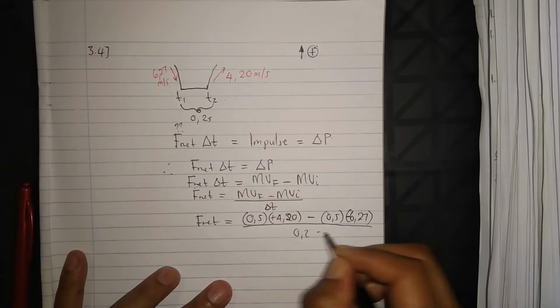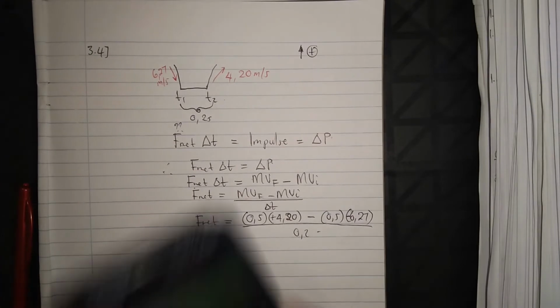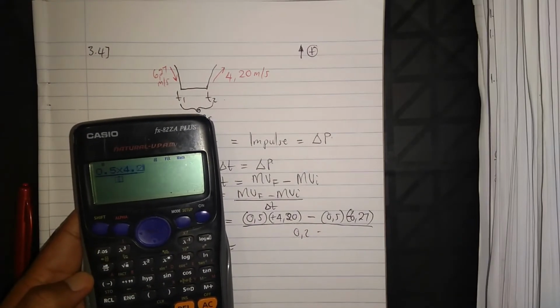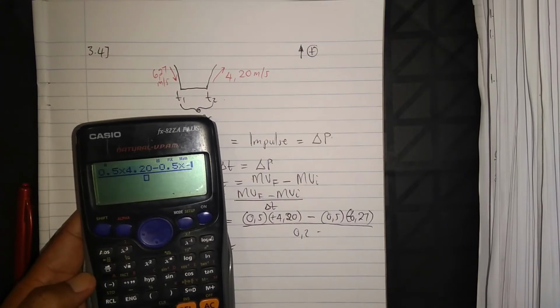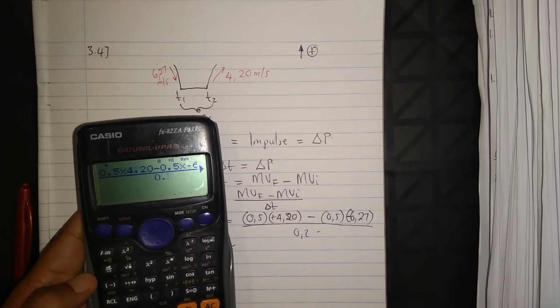Time is 0.2. F net is equal to 0.5 times 4.20 minus 0.5 times minus 6.27, over 0.2.